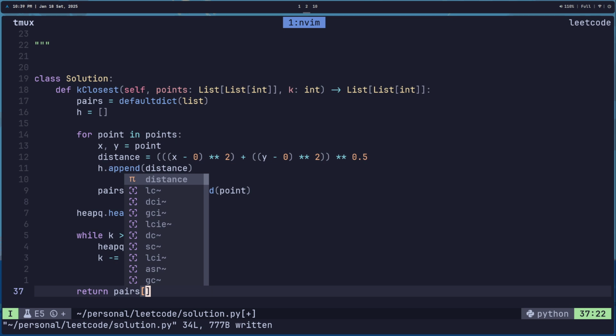So we popped it that many times, so we should have the correct distance or something.